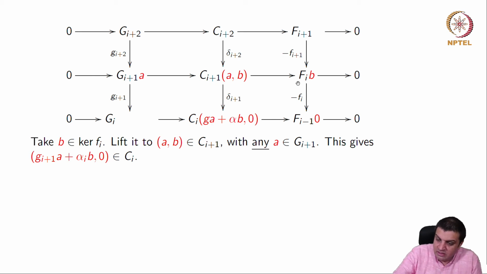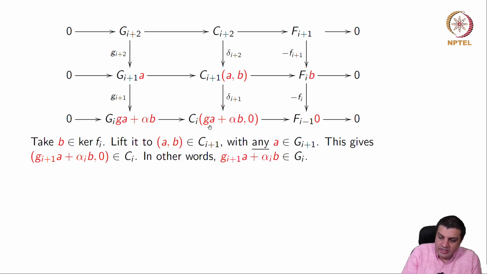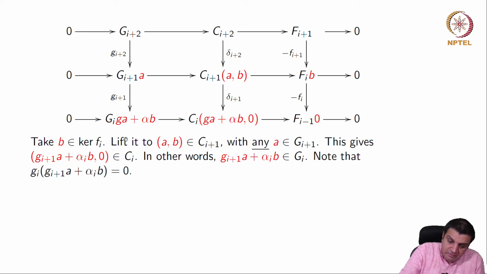And remember that in the second factor, the map is b going to f of b, but b is in the kernel of f, so it is 0. Okay. In other words, this element here came from Gi. So from here, we lifted arbitrarily, then we applied this map, and then we got an element inside G. If you apply the G map to this Ga plus alpha b, we would get 0.